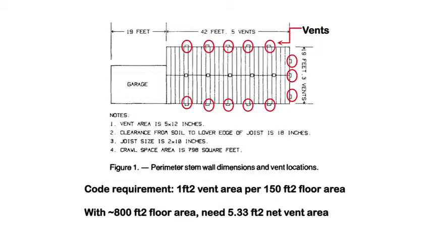So this house was 42 feet long and 19 feet wide. That's about 800 square feet of floor area. That means we would need roughly 5 1/3 square feet of vent opening.